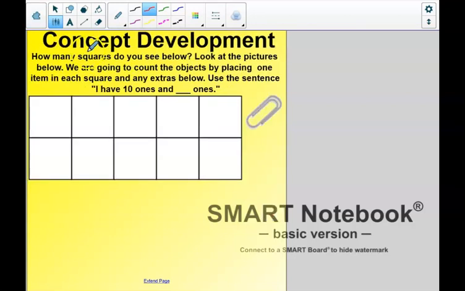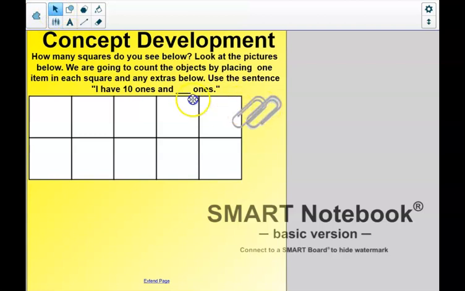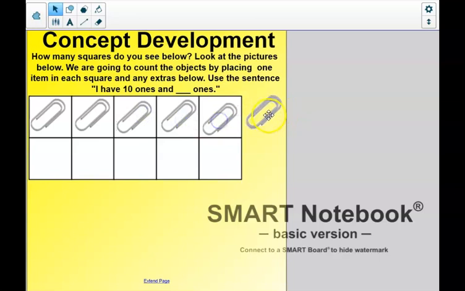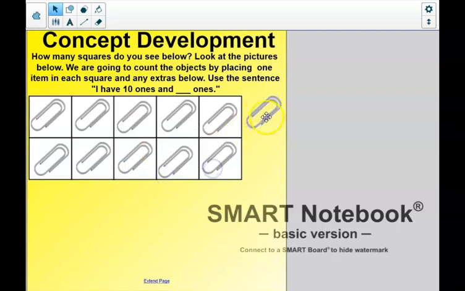All right, here we go. We're going to fill in our 10 frame like we did the other day. And then we're going to say I have 10 ones and blank ones, or how many tens and ones we have. Okay, so let's see how many paper clips we have here today.